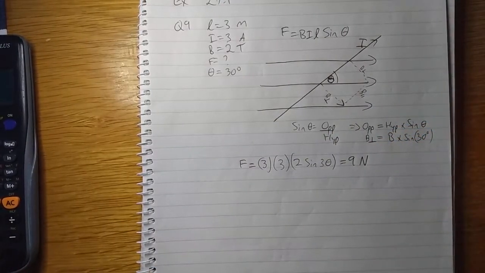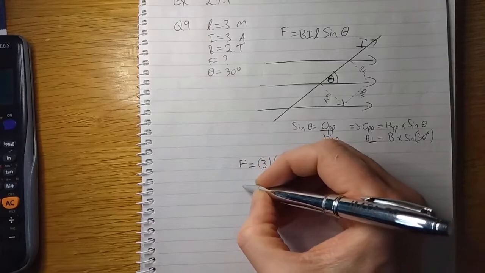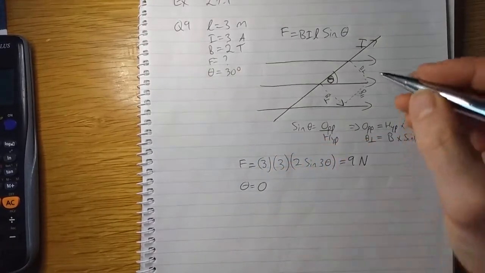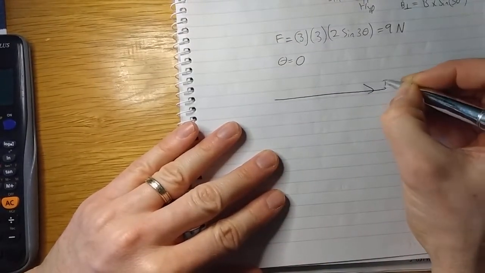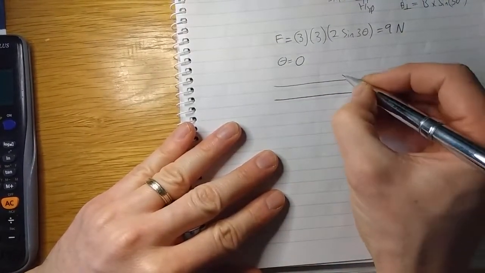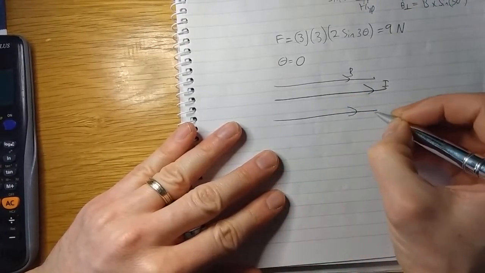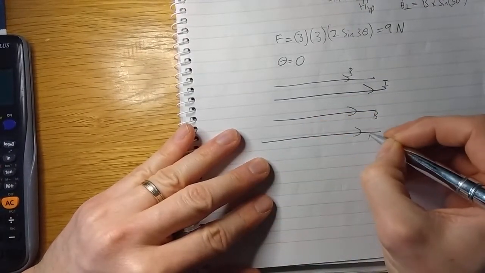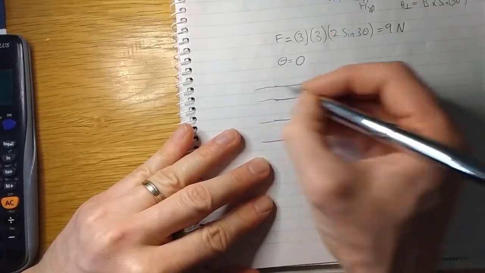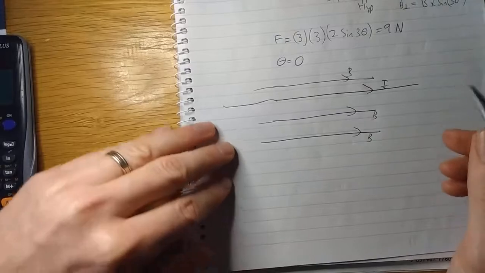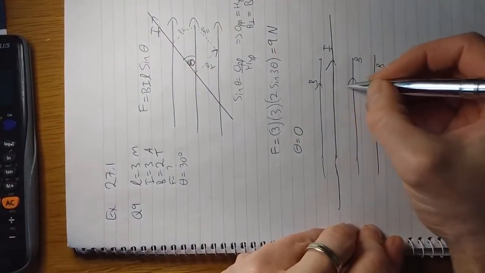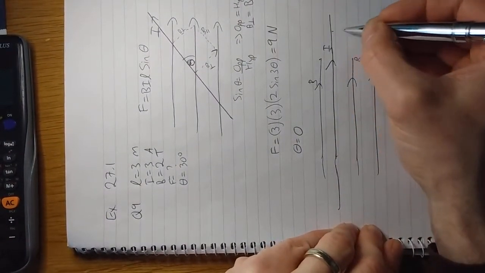And then the second part is, at what angle would the force on the wire be 0? That would be theta equals 0. Here's my wire, I, and if all of the magnetic fields are parallel, then there is no component of B which is perpendicular to my wire.